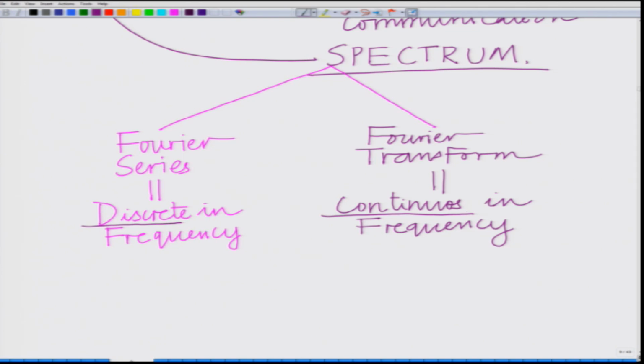We have these two kinds of frequency domain representations; there are more kinds, but for the purpose of this course these two are sufficient. The Fourier series is discrete in frequency, and we will look at it in greater detail, and the Fourier transform is continuous in the frequency domain.